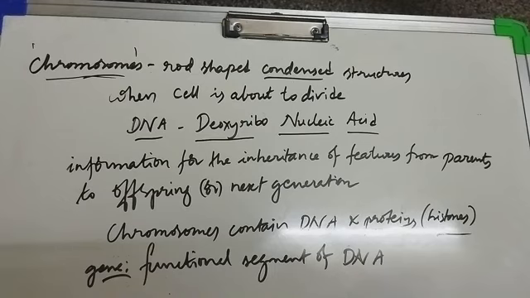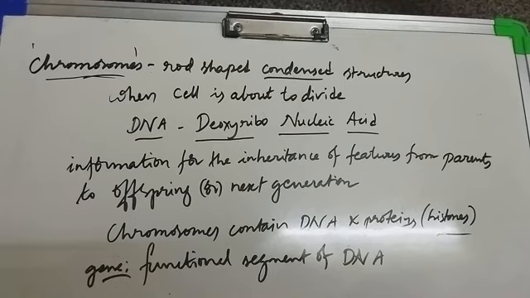The genetic material is actually DNA, wrapped around itself with the help of proteins, and it is in a very thin form called chromatin when the cell is not dividing, whereas when the cell is about to divide, it is present in chromosome form.